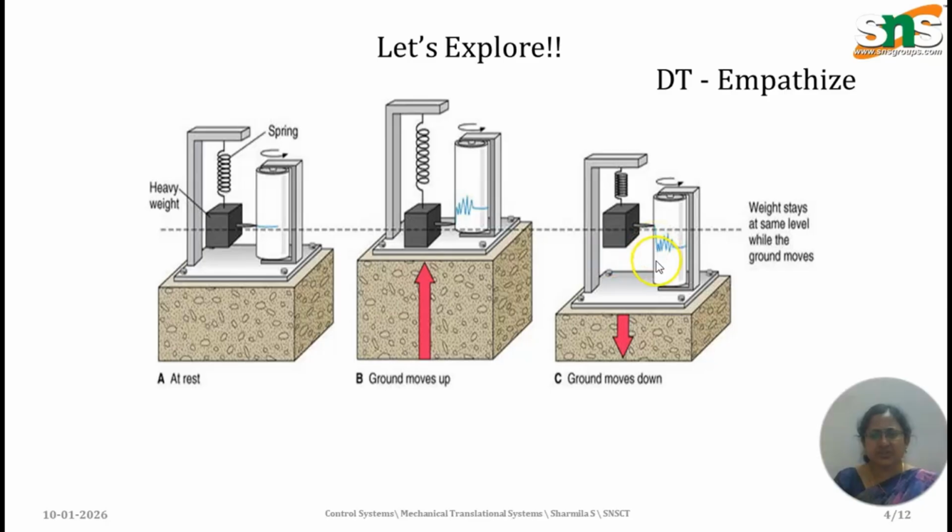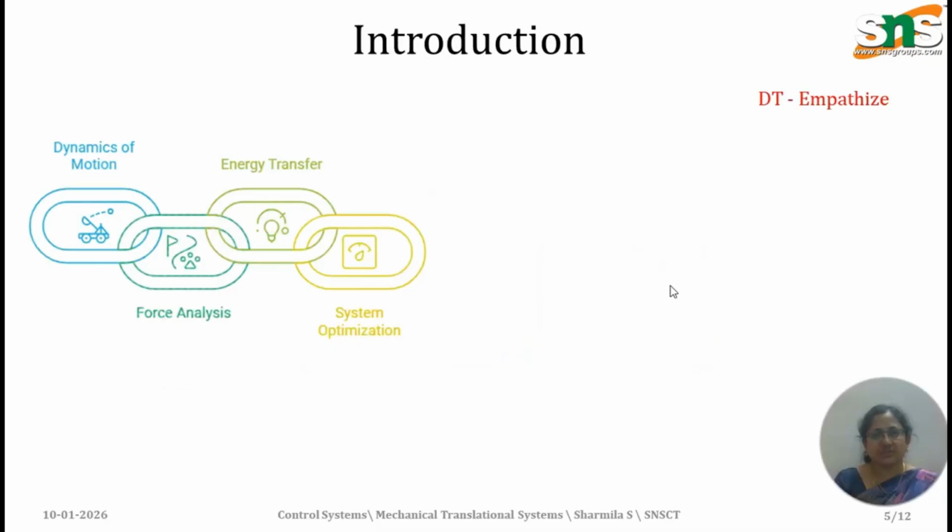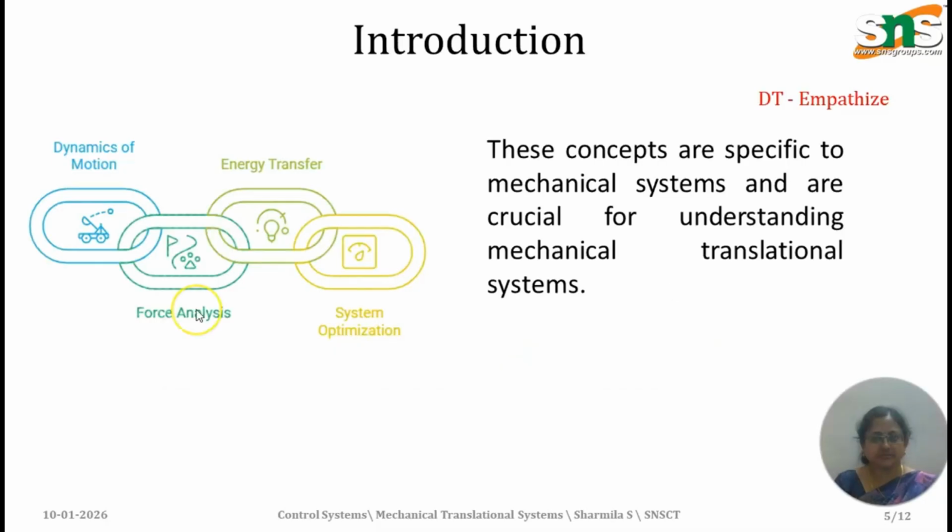These systems are very important in control engineering because many physical systems such as elevators, vehicle suspensions, and machine tools exhibit translational motion. Understanding this concept helps to derive mathematical models and transfer functions of real-time systems.